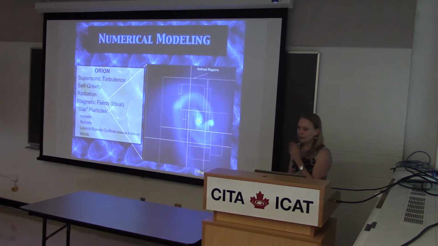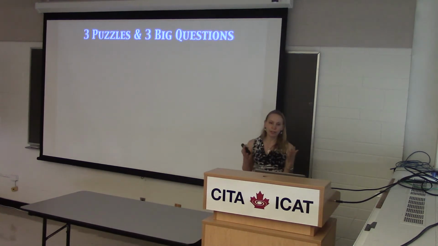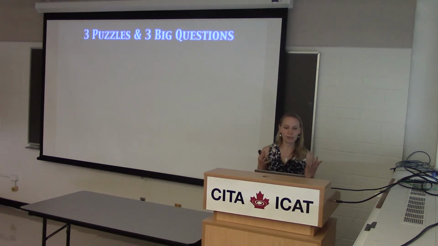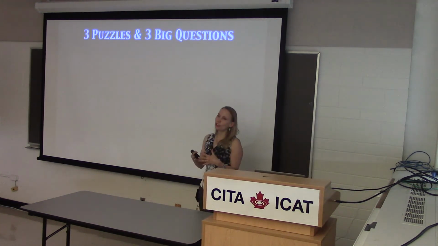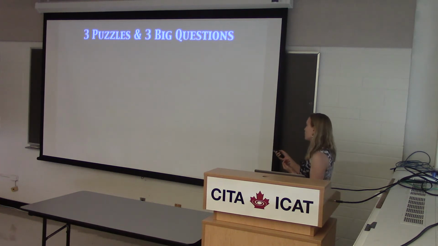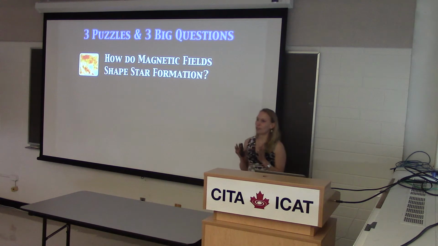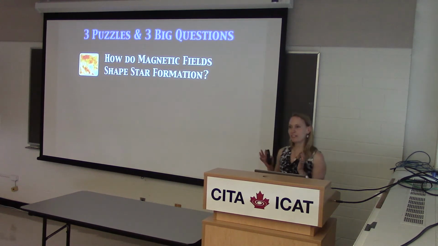This talk is motivated by 3 recent observational puzzles, which I believe tie into 3 larger open questions in star formation. Fundamental question number 1 is, how do magnetic fields shape star formation? This is a big one.